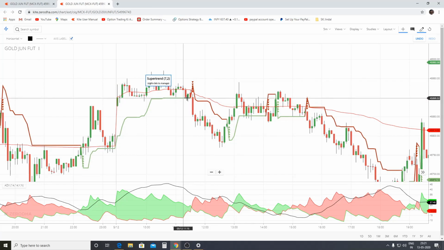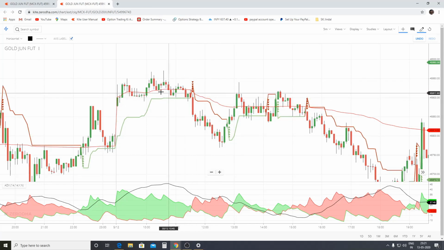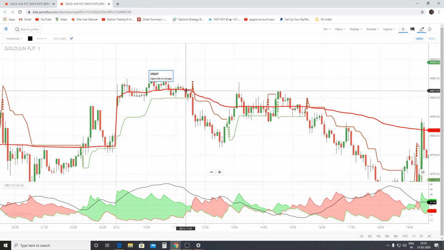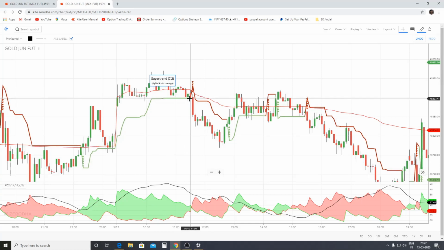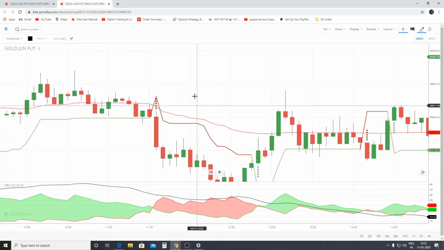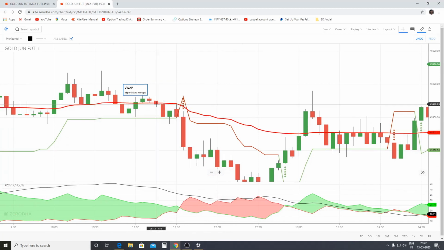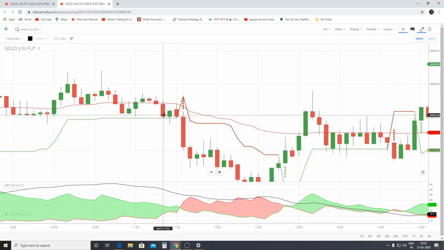No worries. Now I am looking for another setup. Now, as this candle gave a solid closing below VWAP, and this red candle, in fact this candle gave a solid close below VWAP and this candle broke, but as the initial position was open and my stop loss got hit on this candle, so I didn't take a short position over here.